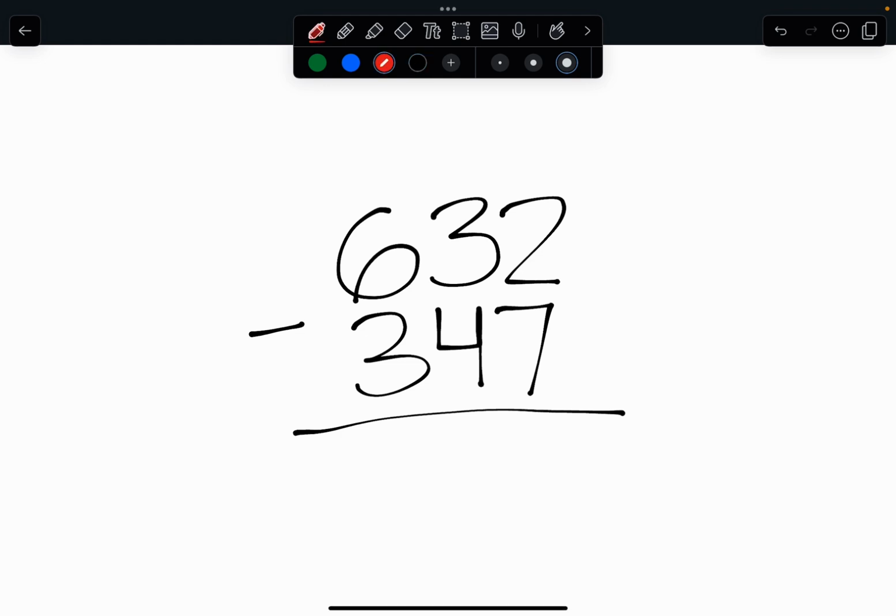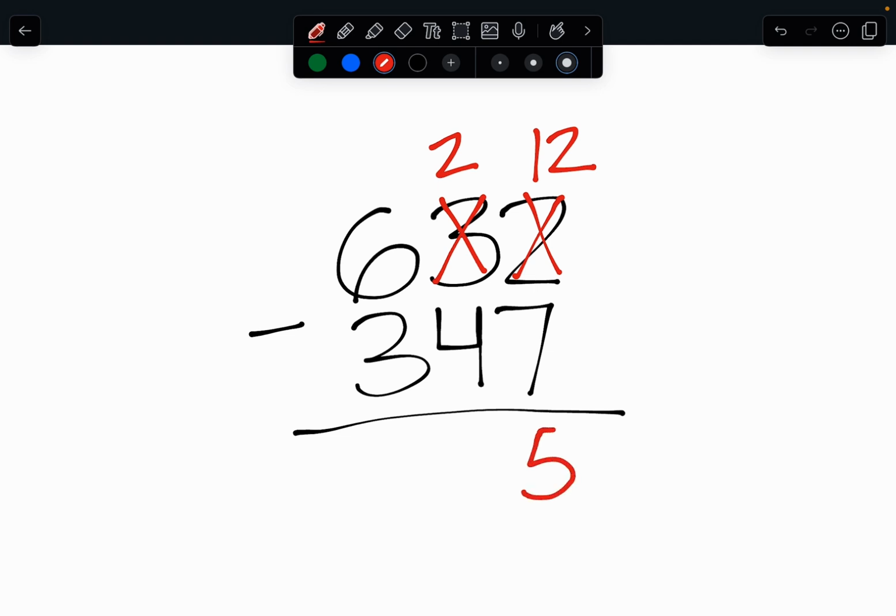I'm going to go ahead and start solving. We know that I can't take away 7 from 2. So I'm going to come over to the 3, make it a 2, and my 2 is going to become a 12. If I take 7 away from 12, what does that give me? 5. Now we know I can't take 4 away from 2.